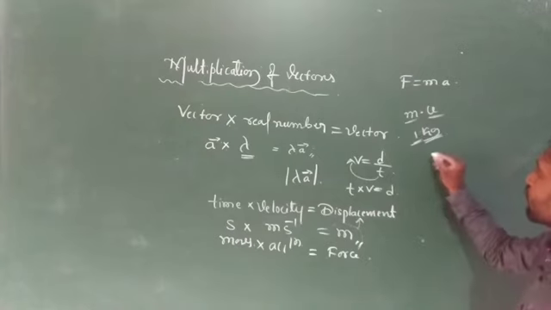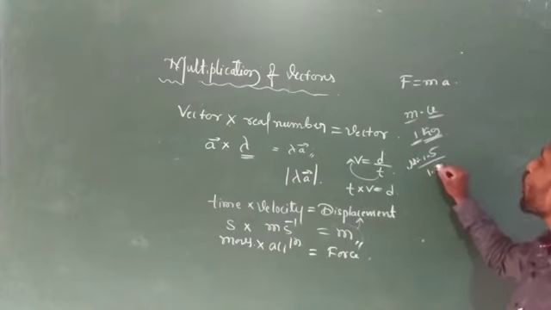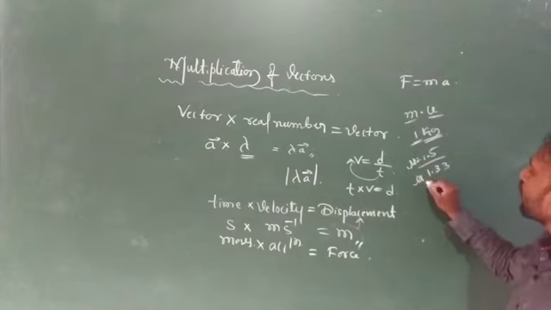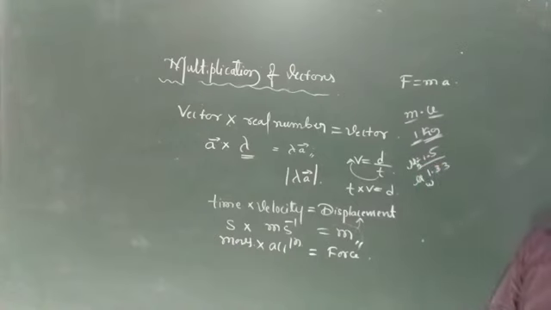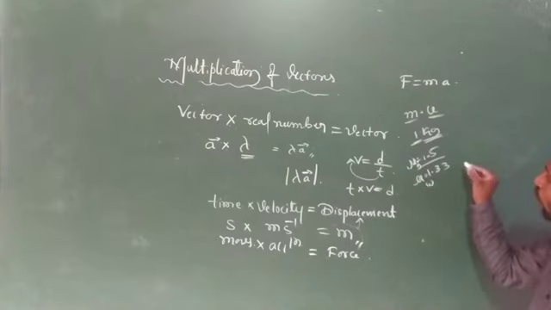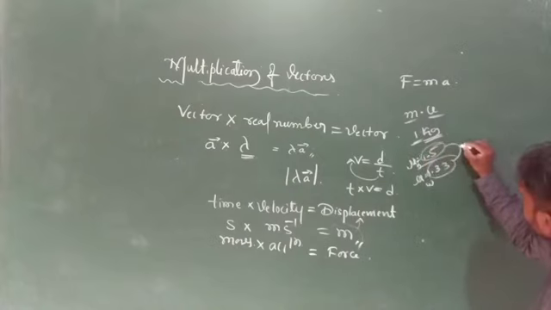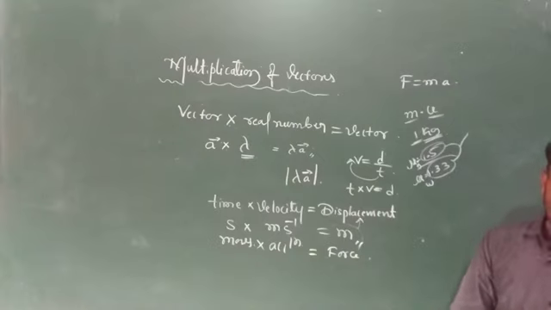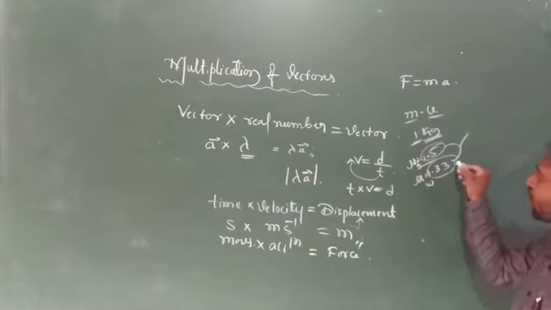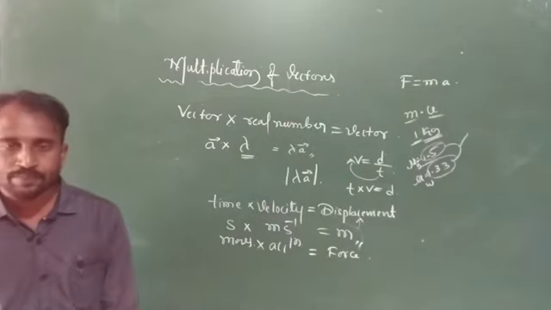The refractive index of glass is 1.5 and the refractive index of water is 1.33. These two represent scalar quantities, meaning here we have just numbers.